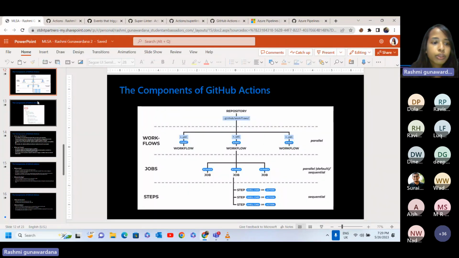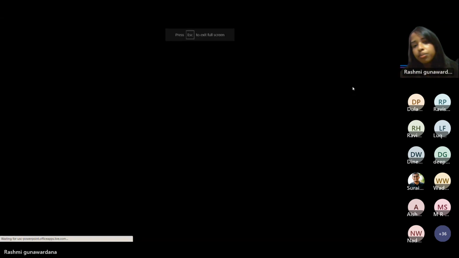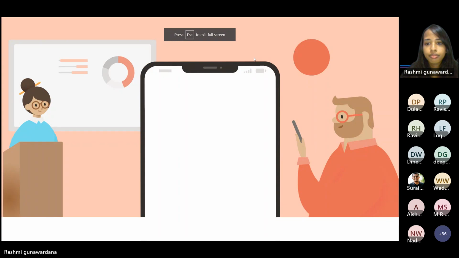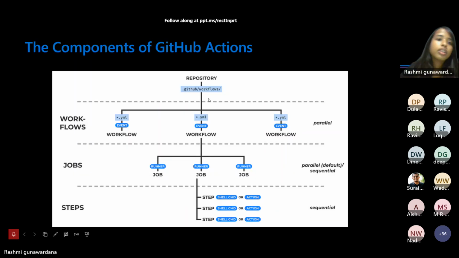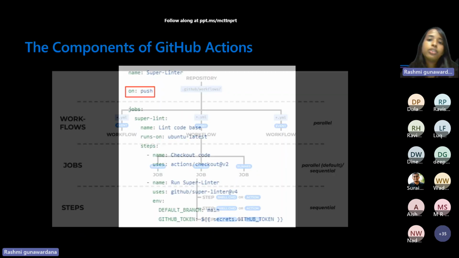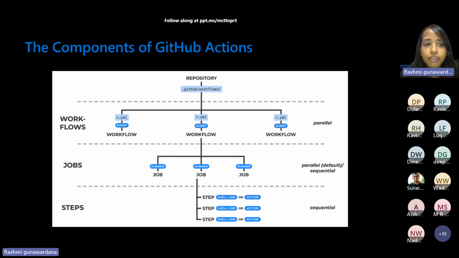So let's go back to our presentation. Let's start with the components of GitHub Actions. There is some terminology that we have to get used to before working on GitHub Actions.